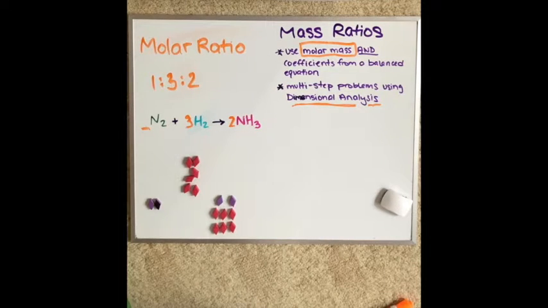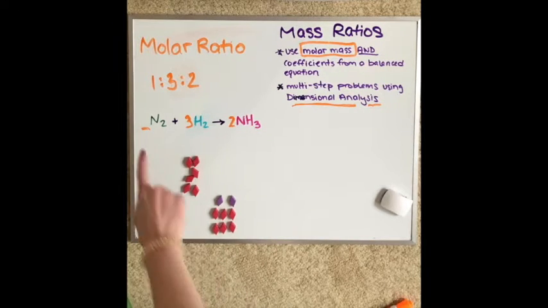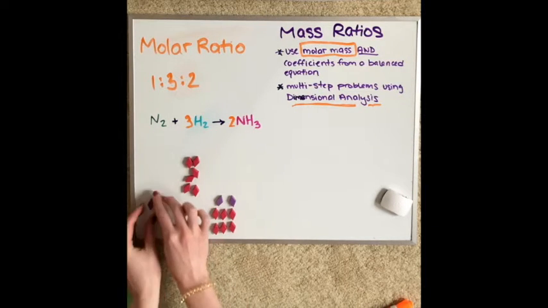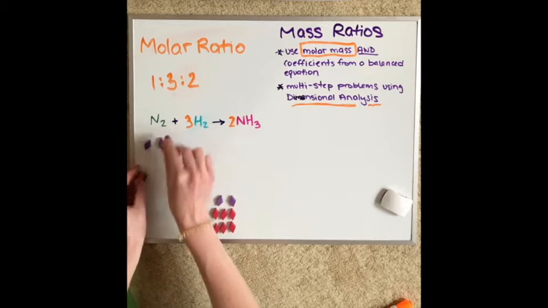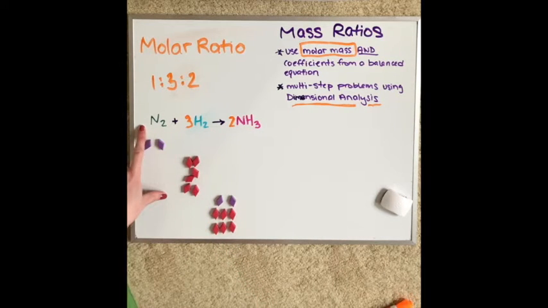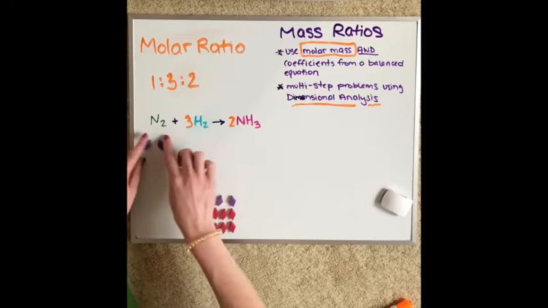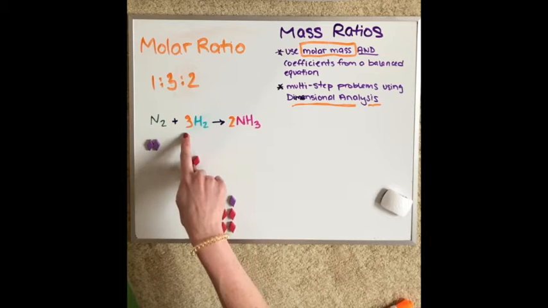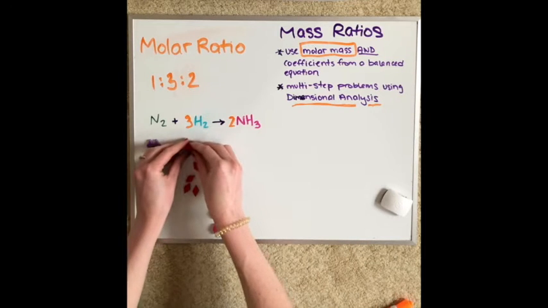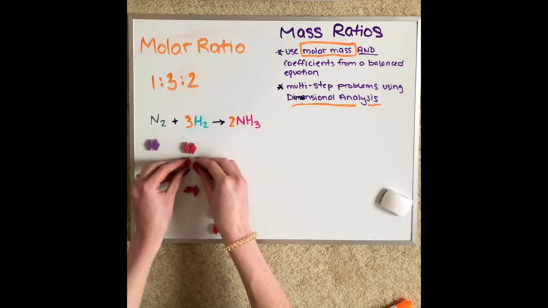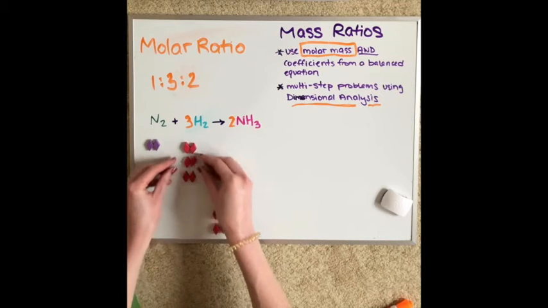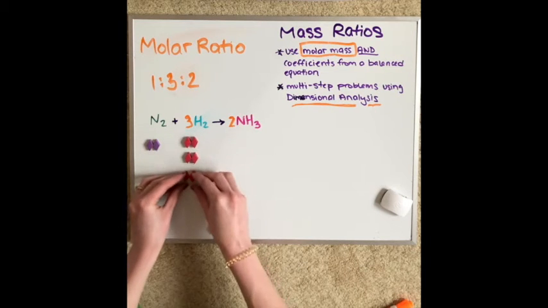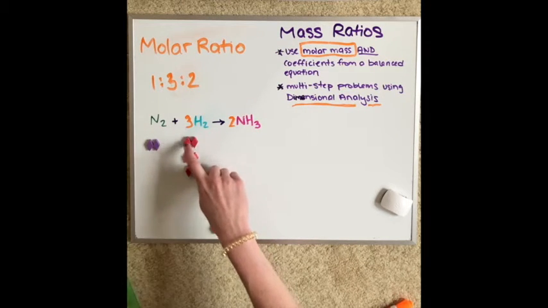All right, real quick, if you had to draw a picture of what this equation is telling you, using some different colored shapes, purple represents nitrogen, so I have 1 molecule of N2, and because it's 1 molecule, those 2 things have to be bonded together. I have 3 molecules of H2, so 3 individual molecules each consisting of 2 hydrogen atoms bonded together.